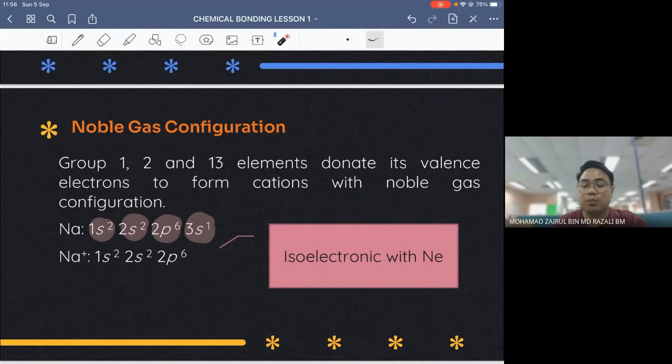So when sodium removes 1 electron, the sodium ion will have electronic configuration of 1s2, 2s2, 2p6. So 1s2 2s2 2p6 adalah electronic configuration dia sama dengan neon. So we call it the sodium ion isoelectronic with neon.